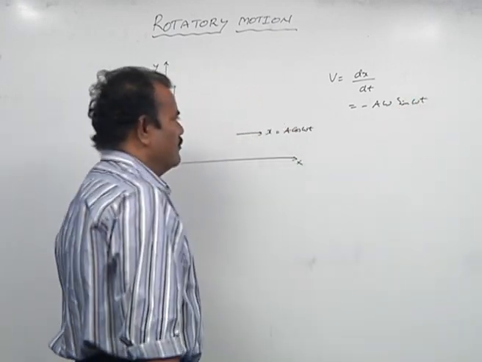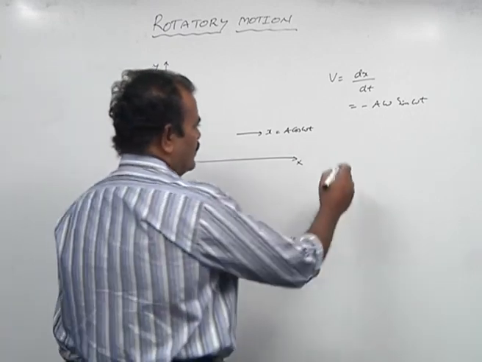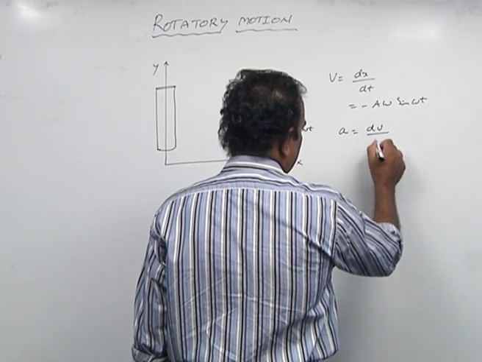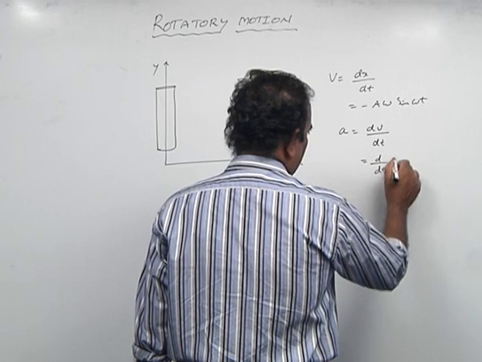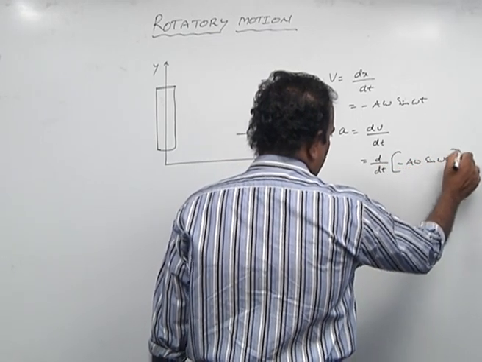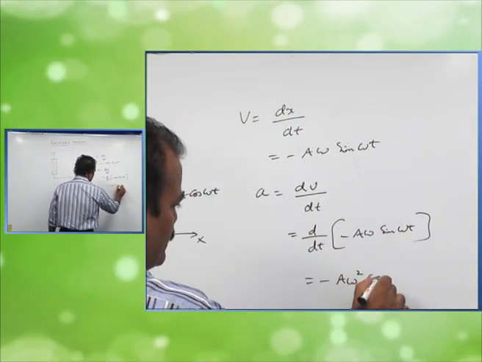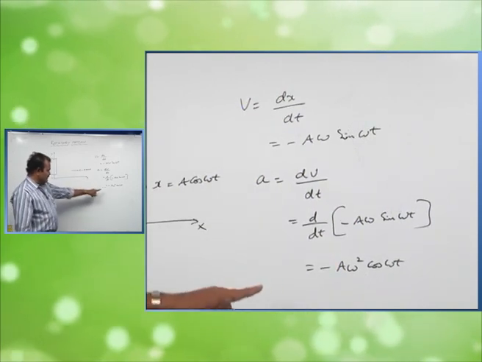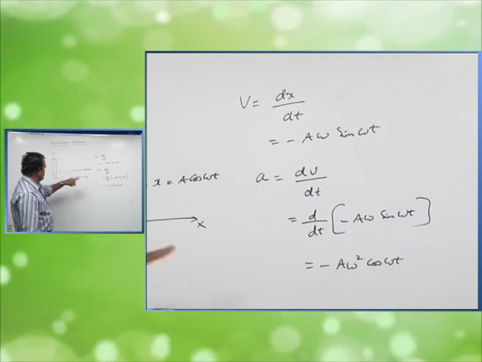Then the acceleration is dv by dt, that is d by dt of minus a omega sin omega t, which becomes minus a omega square cos omega t.